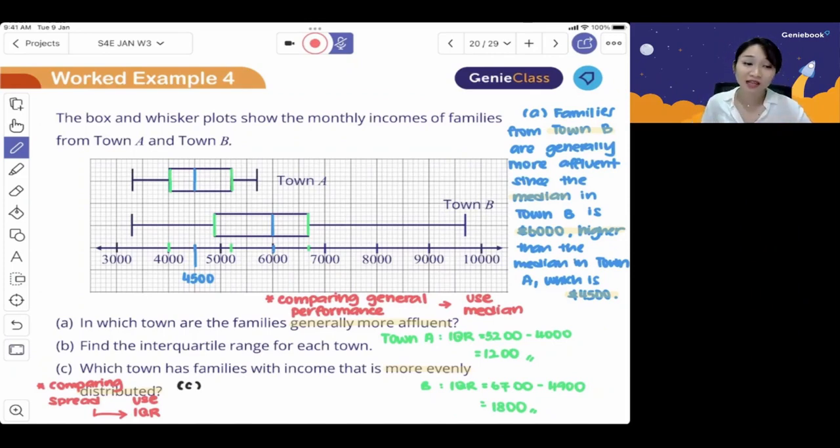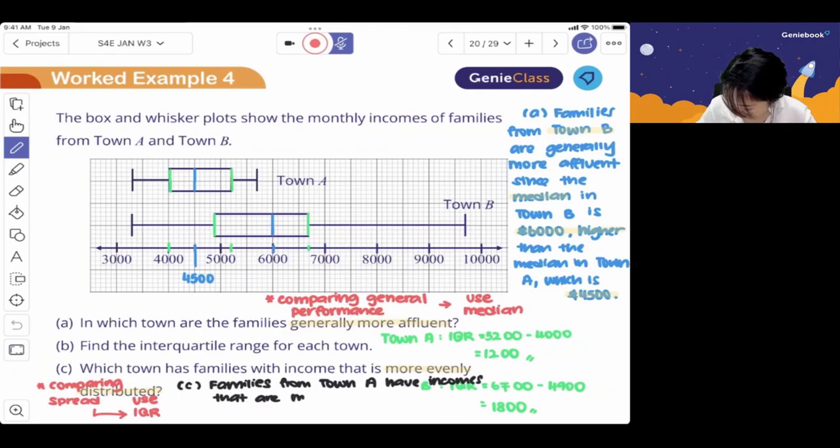It is actually town A. So families from town A have incomes that are more evenly spread since the interquartile range, I'm going to use short form, but please, when you're writing out the explanation, use the full word.